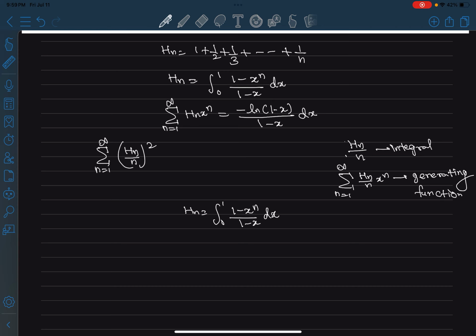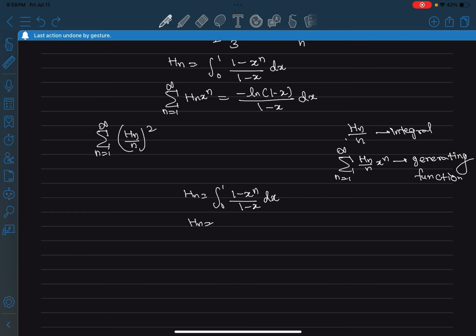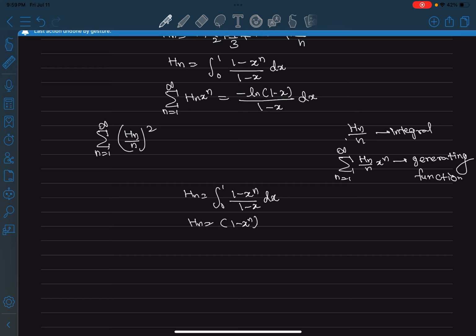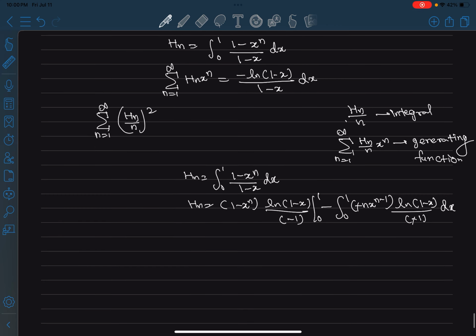Take u as 1 minus x to the power n and dv as 1 over 1 minus x. That gives 1 minus x to the power n times ln of 1 minus x over minus 1, from 0 to 1, minus the integral from 0 to 1 of the derivative of 1 minus x to the power n, which is minus n x to the power n minus 1, times ln of 1 minus x over minus 1, dx. Now the minus 1 cancels out.